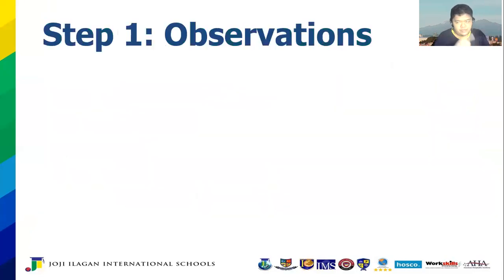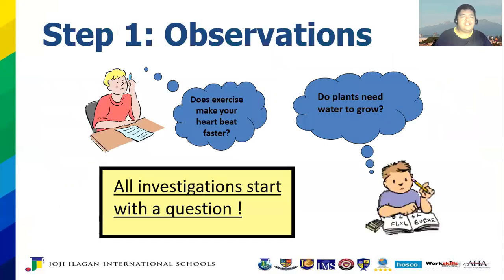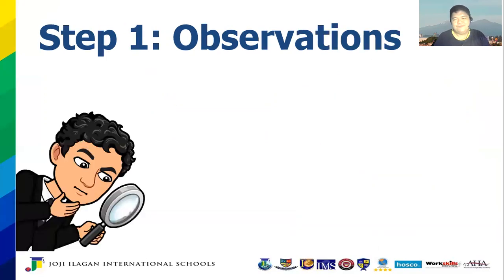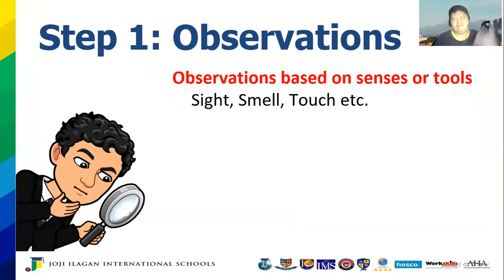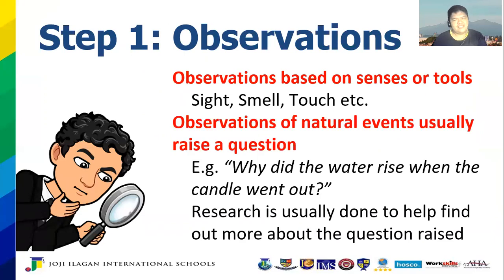Again, we'll run through the first 3 steps, observations. Everything starts with a question, whether you like it or not. Ganon yan. Scientific method. The problems will always start with a question. I don't want to elaborate. It's so basic that you just have to find your observations.